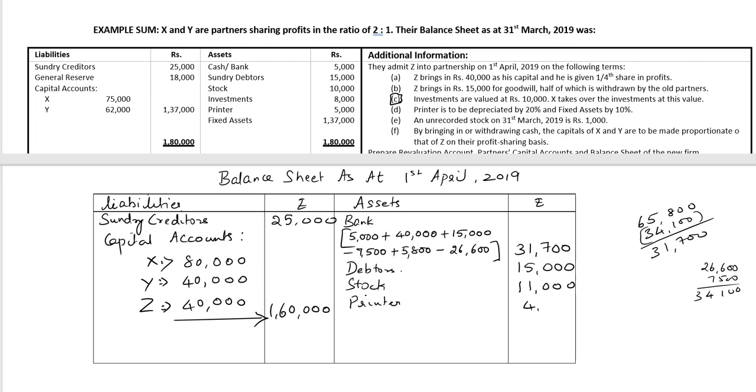So now it's 4,000 rupees. And the fixed assets was depreciated by 10%, which was 13,700. Which comes up to 1,23,300 rupees.